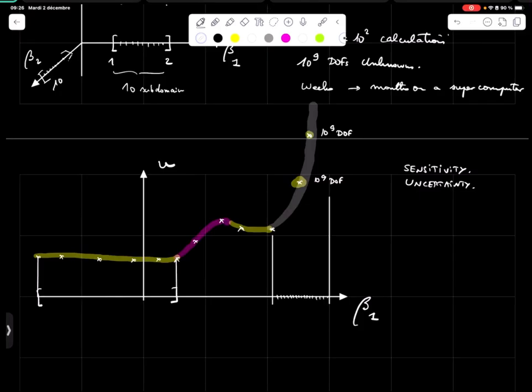So here, 1 point is enough. But how do you know that? Well, you actually don't know anything, because you do not know how u varies as a function of beta 1. That is a complete unknown.